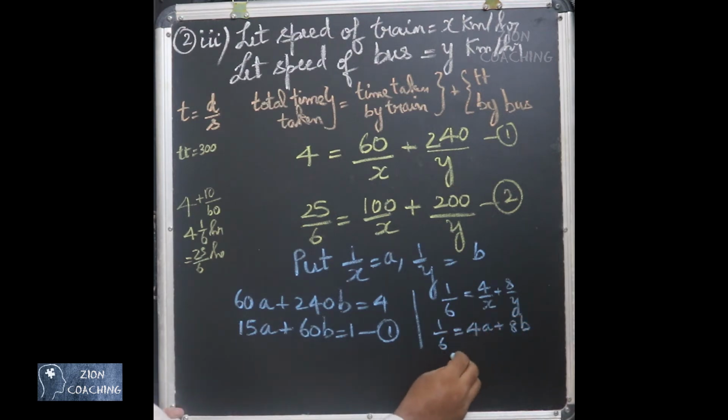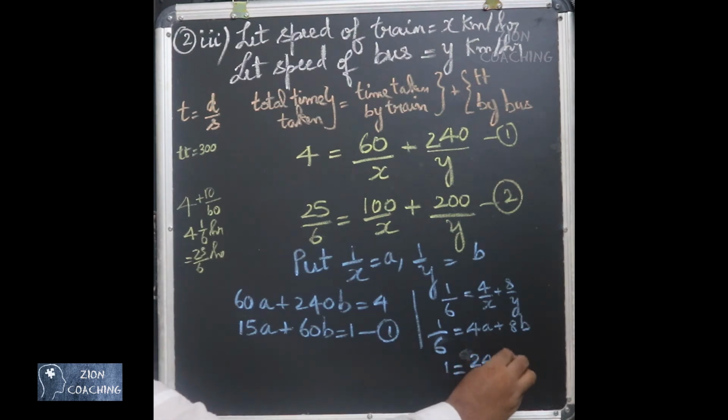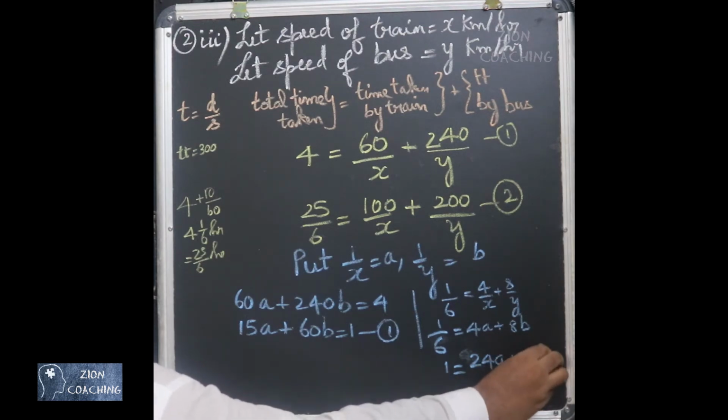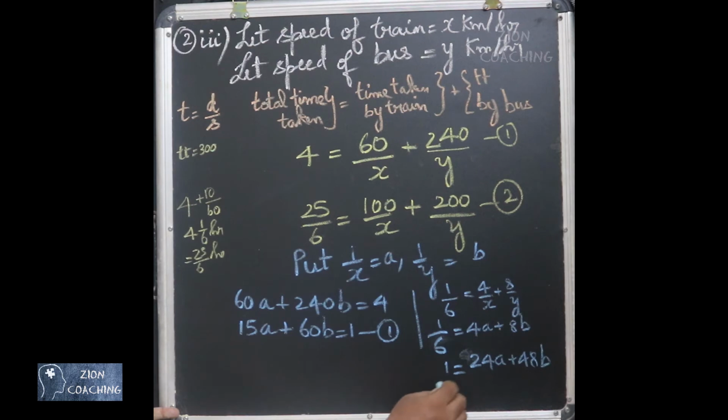Now taking the 6 to the other side, we will have 1 equal to 24a plus 48b. So we have 24a plus 48b equal to 1. This is your second equation.